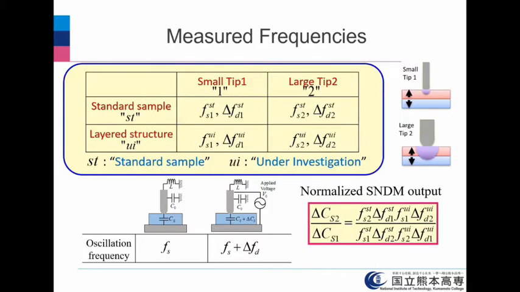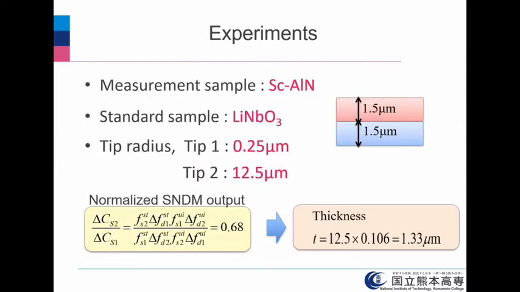We have obtained a method of quantitative measurement of the layer thickness as shown in this slide. But I don't have enough time today, so I will skip this. Here is the experimental result. We measured scandium-doped AlN.